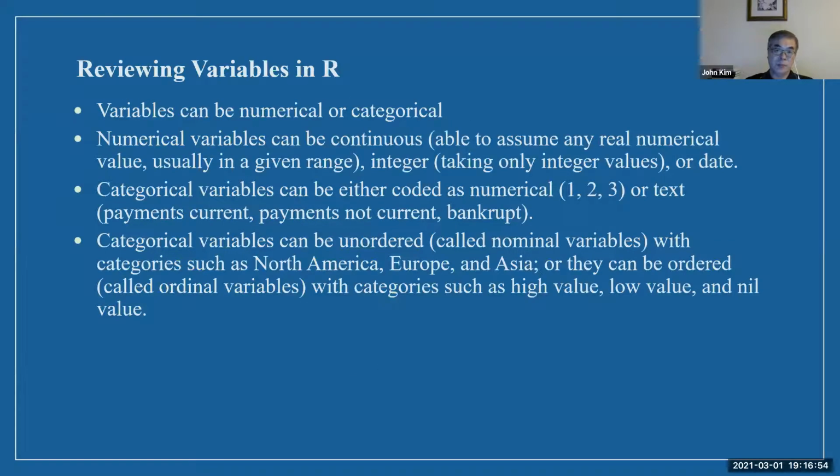Reviewing variables in R. The same as Excel or any program. And then statistically, the variable. There are two types of variable. Numerical variable and categorical variable. Numerical variable, number. Categorical variable, usually in category, like your school year, first year, second year, third year, and so on.